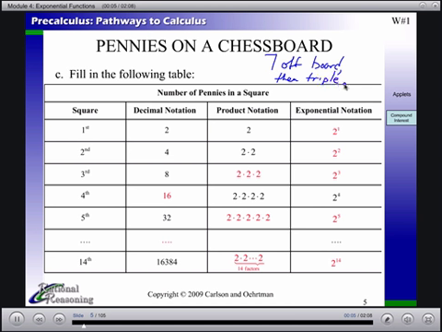Does it say 7 off the board, then triple? Is that right? So in the first square, product notation would be 7 times tripling, right? 3. Then 7 times 3 times 3.